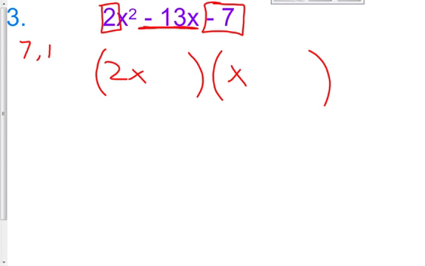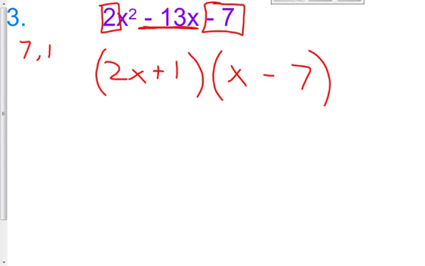So if I just think in my brain right now, I'm thinking 7 times 2 is 14. That's going to get me really close. So if I have the negative 7 right here and the positive 1 right here, I'm just trying a different possibility to see if this is going to give me my answer. So now I'm going to guess and check by foiling.